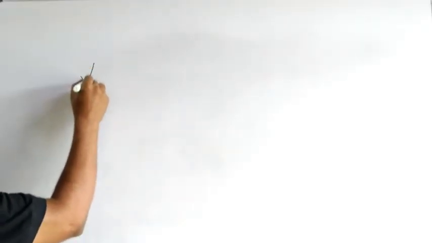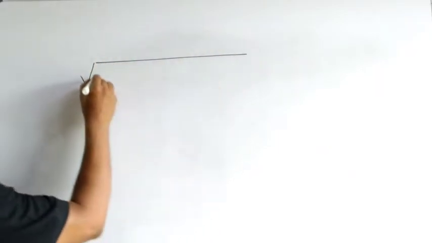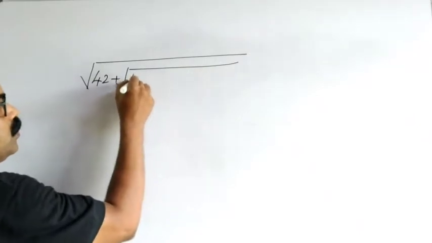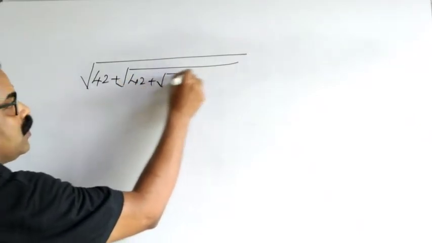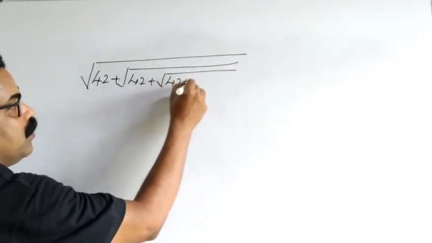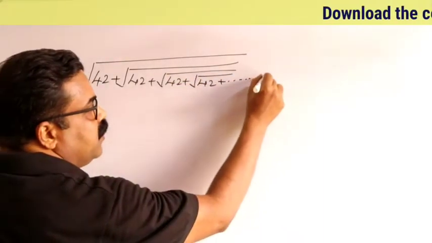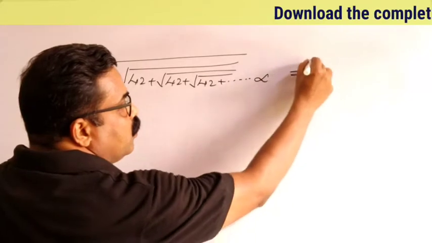Generally, this type of question is asked in your exam. Root 42 plus root 42 plus root 42 plus root 42 plus up to infinity is equal to what?